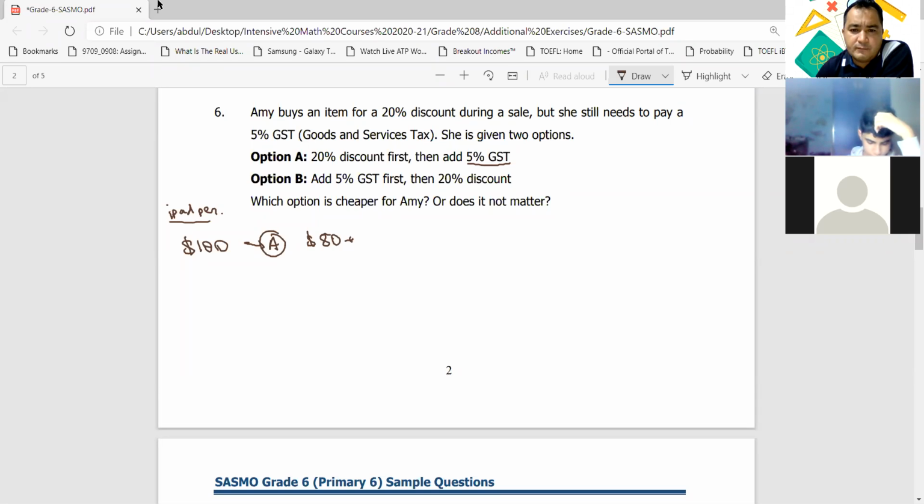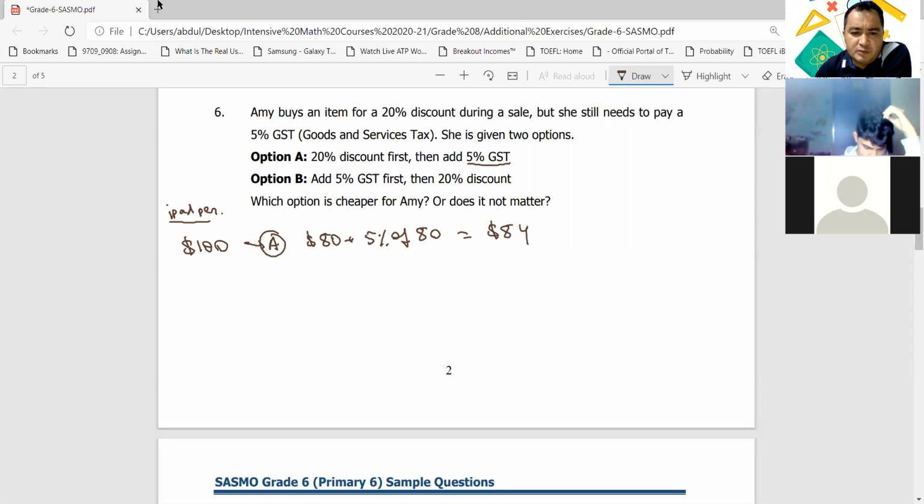So not $5 on 100. It's on 80. So it is 5% of 80, which gives $84.